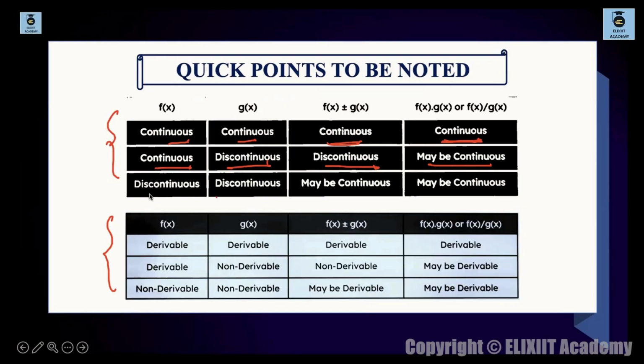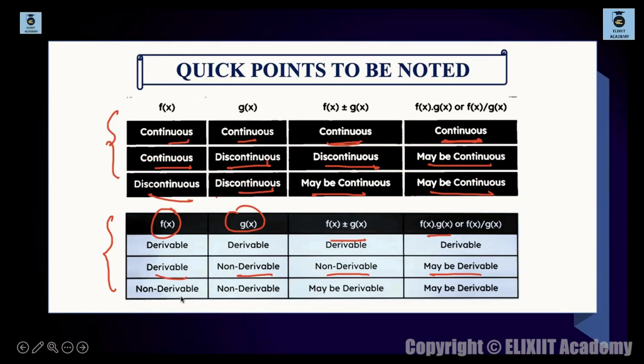Similarly, when both of these functions are discontinuous, their sum may be continuous, and the product can also be continuous. Similar arguments hold for differentiability as well. If f(x) is differentiable and g(x) is differentiable, then their sum and their product are both differentiable. If one is differentiable and the other is non-differentiable, then their sum is non-differentiable, but their product may be differentiable.